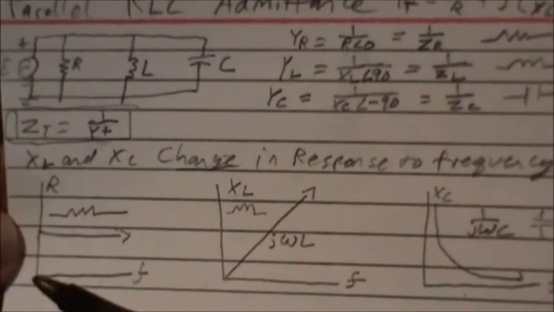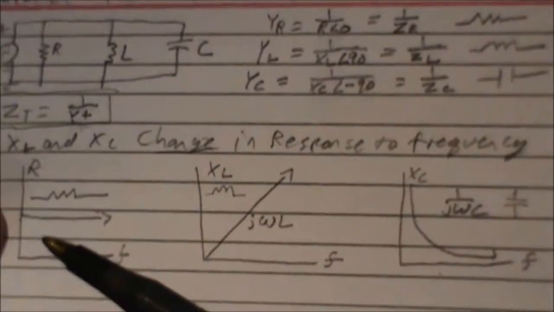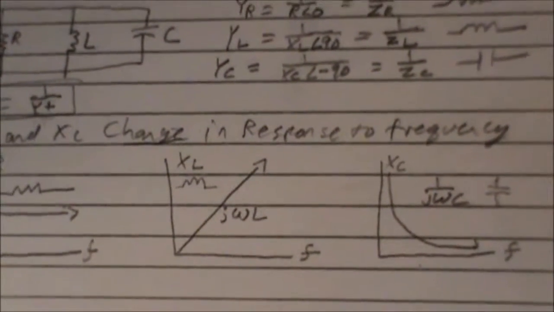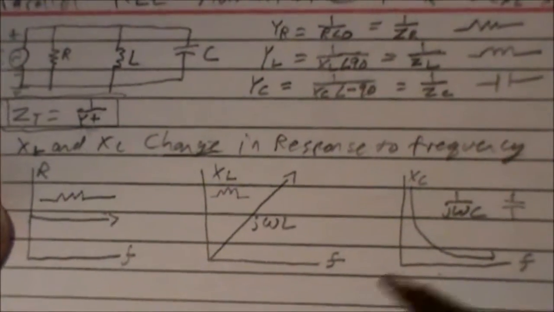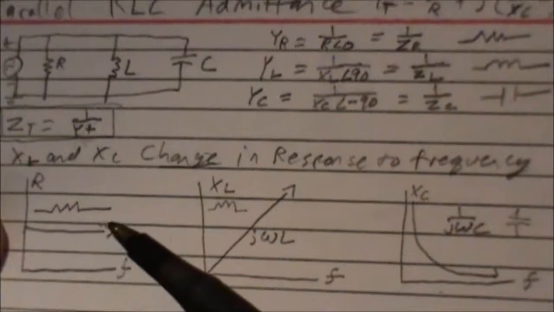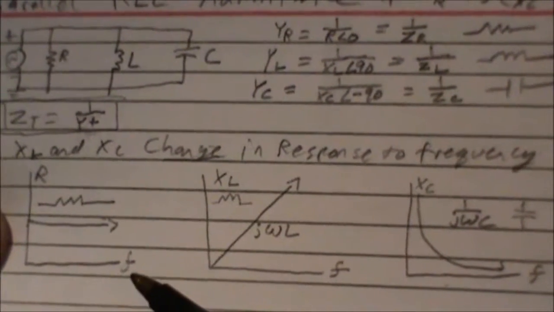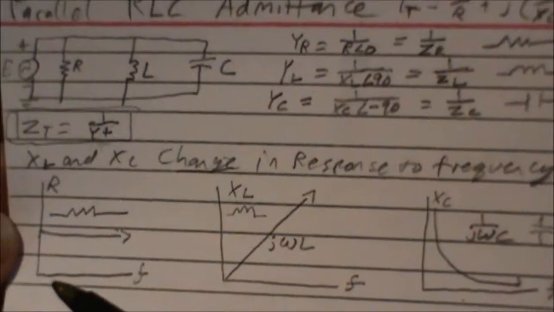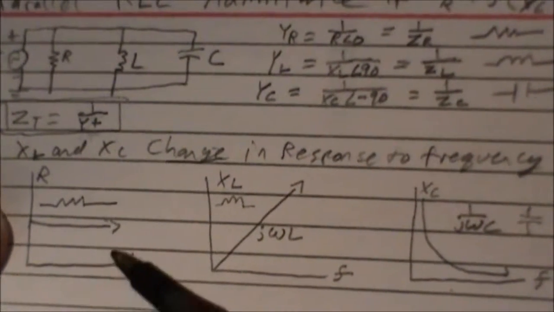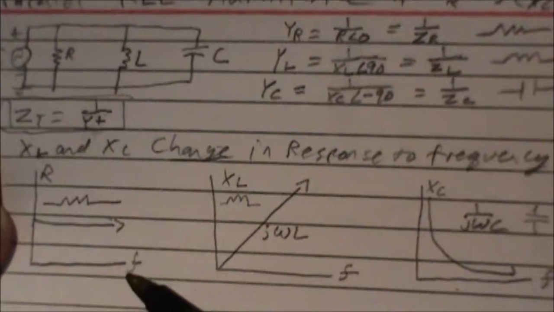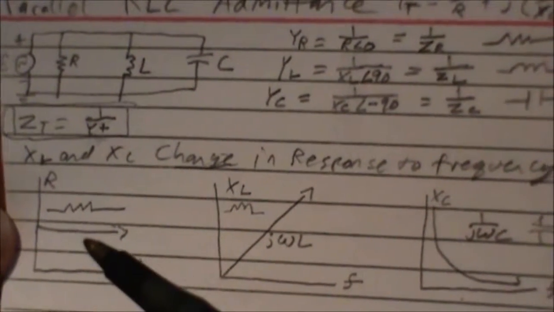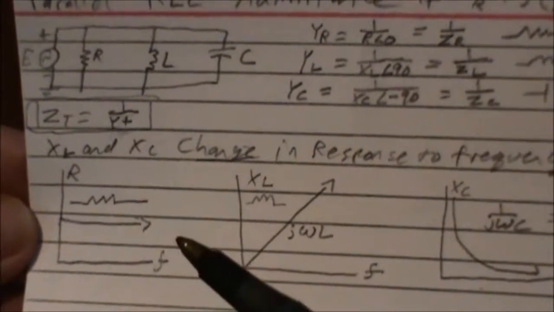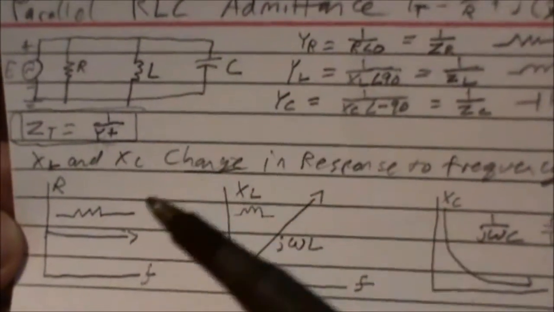For a pure resistor, and this is just general for all of the cards that we've been going through for alternating current, a resistor has a flat response to frequency. The x-axis is frequency. Let's say this is 10 hertz, 100 hertz, 1,000 hertz, megahertz. It's going to have the same level of, for example, current or voltage.